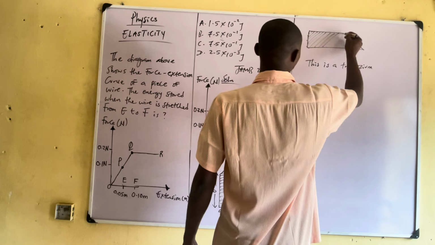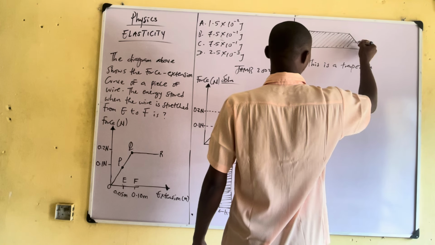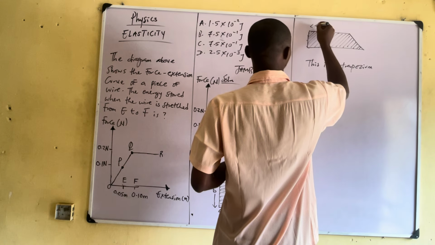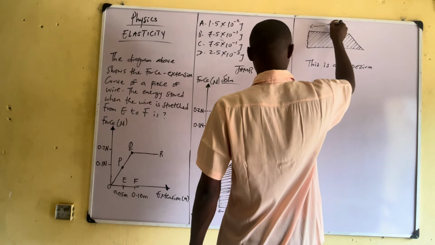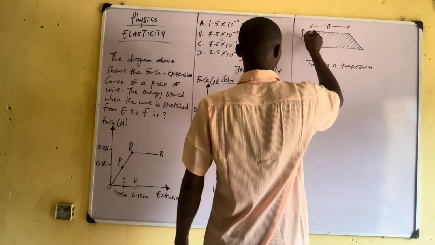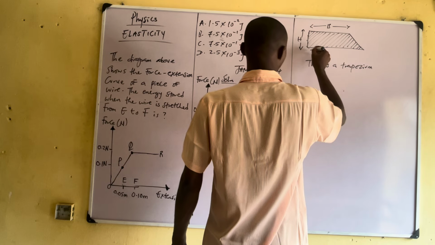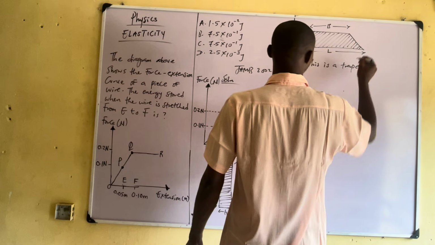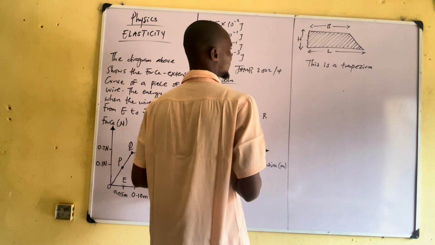So shade it again. If you shade it based on what you saw in the graph, remember from here to here is our breadth, from here to here is our height, and from here to here is our length. Do you understand?